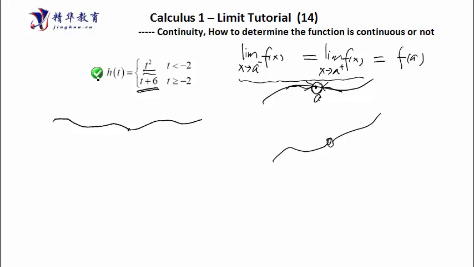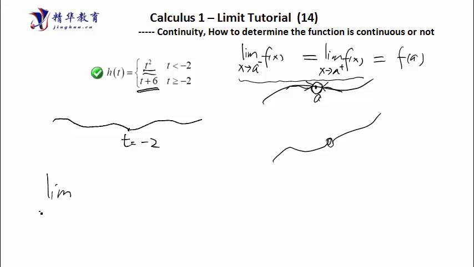If the question asks you whether this is continuous everywhere, the only possible suspect, the only candidate to make this entire function discontinuous, is at t equal to -2. Now we're going to prove it: is this function continuous at t equal to -2? How do we prove that?